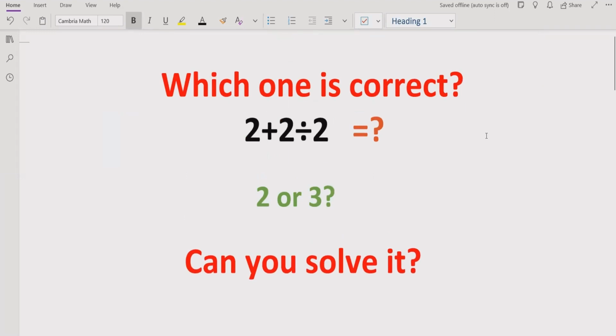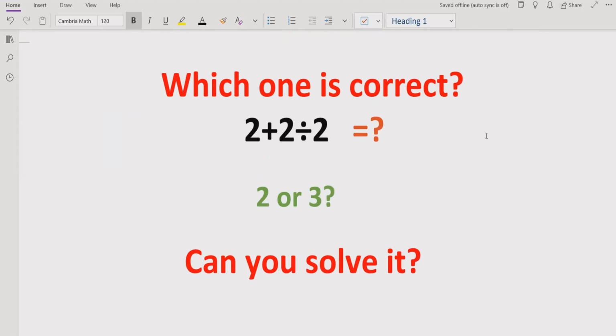Today we will solve a quiz related to a basic expression, which is very simple, and we have to solve this expression and get the correct answer. Here we have two options, two or three. Maybe some of you say the answer is two, or maybe some of you say the answer is three.